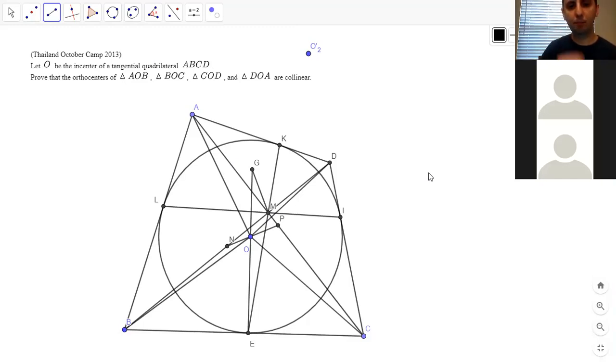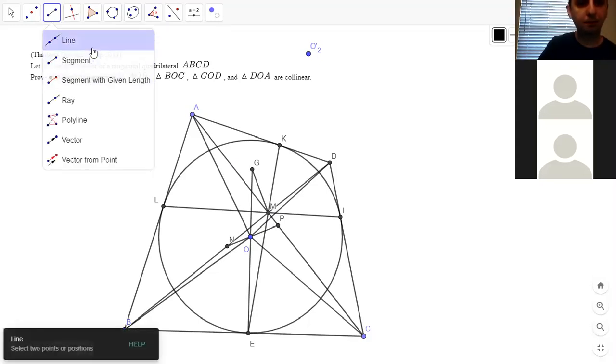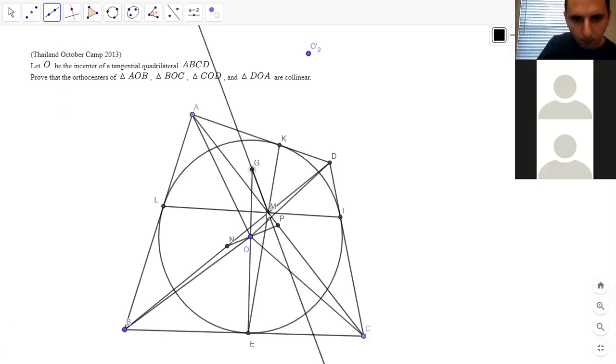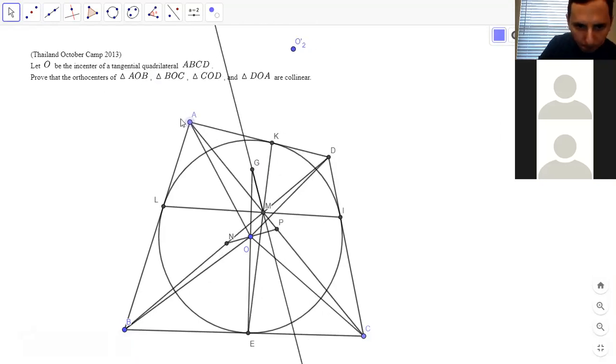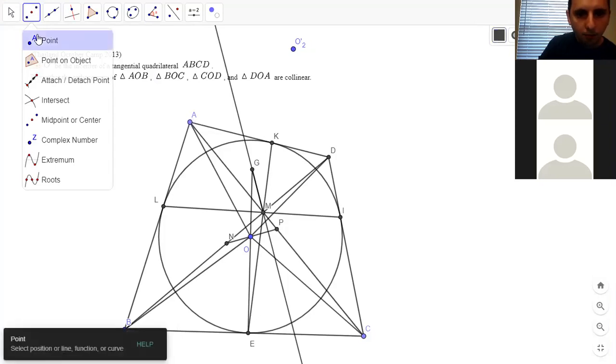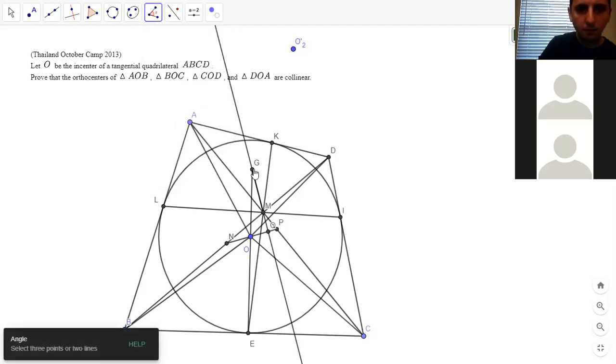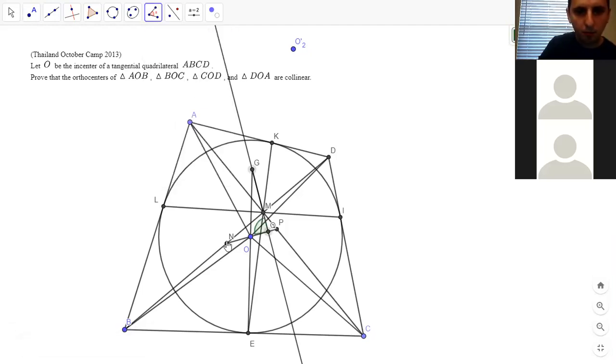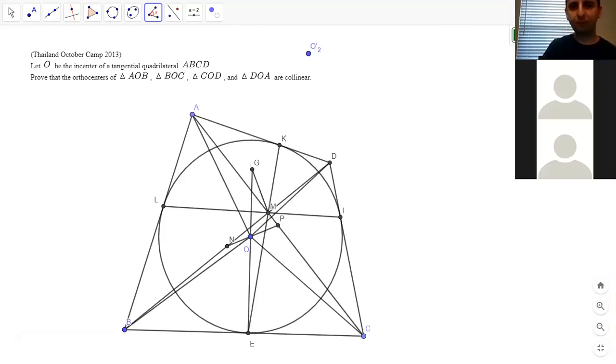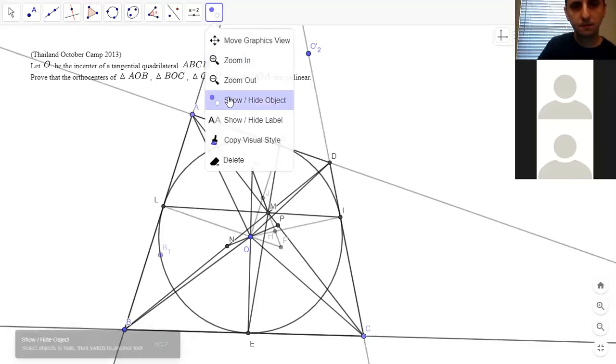Are they really perpendicular? Can you check it? Yeah, I should check that. Let me just make sure. Yes. Okay. Can you also hide li and ke?